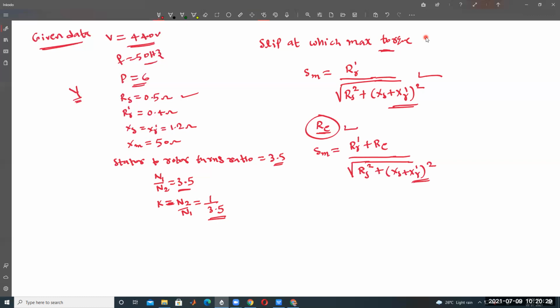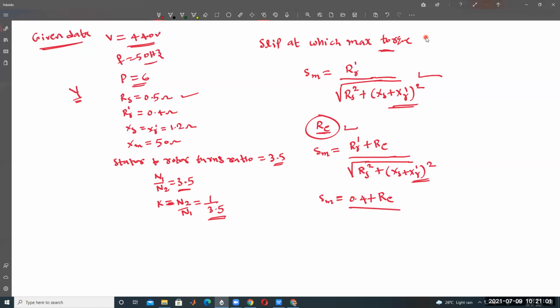Okay, and then slip at maximum torque Sm is equal to (RR dash plus RE) divided by the square root of RS square plus (XS plus XR dash) whole square. Tell me what is the RR dash here? 0.4. Okay, and this RE is unknown, am I right?